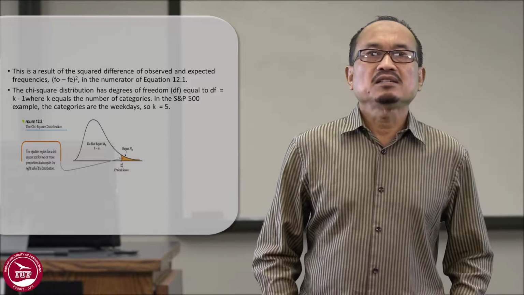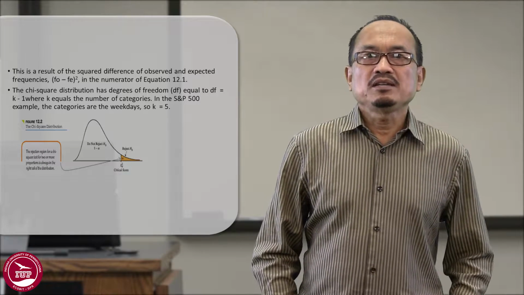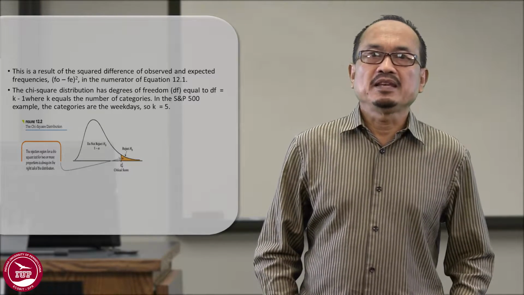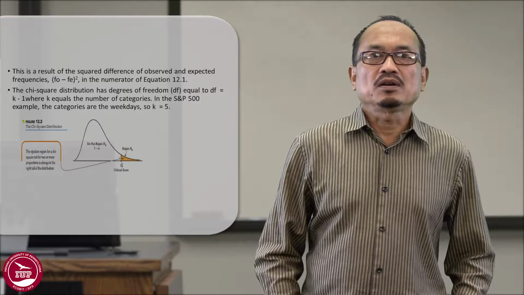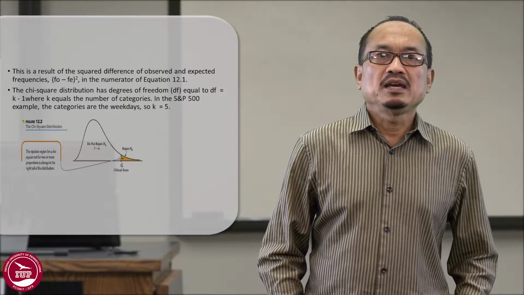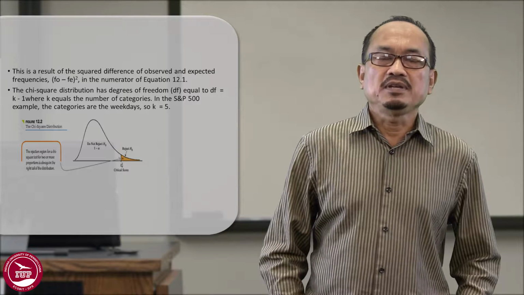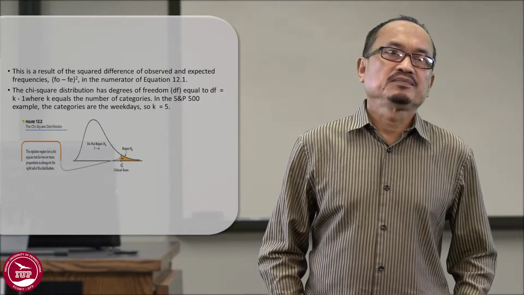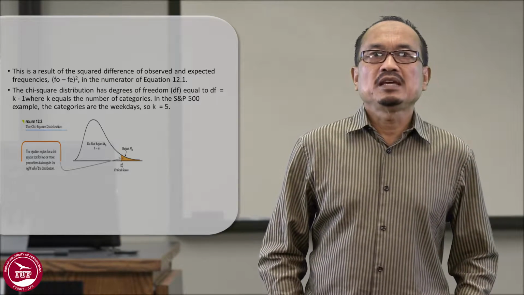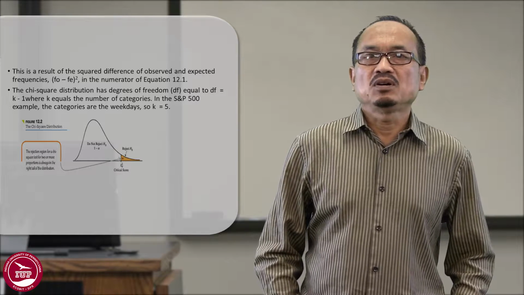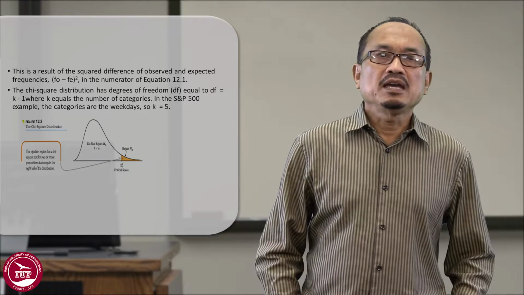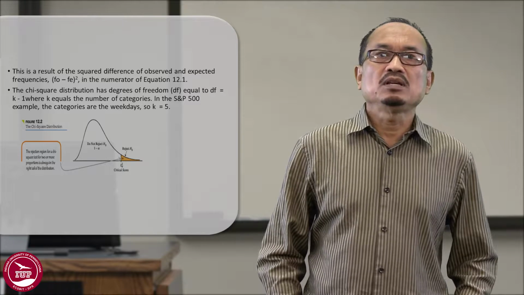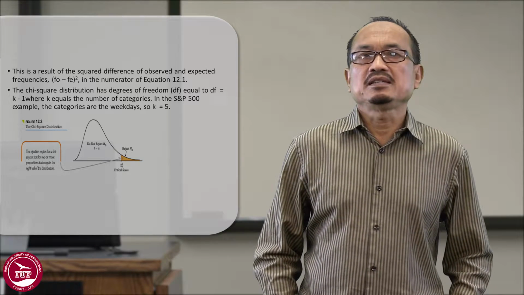This is a result of the squared difference of observed and expected frequency, or FO minus FE squared, in the numerator of equation 12.1. The chi-square distribution has degrees of freedom, or df, equal to k minus 1, where k equals the number of categories.